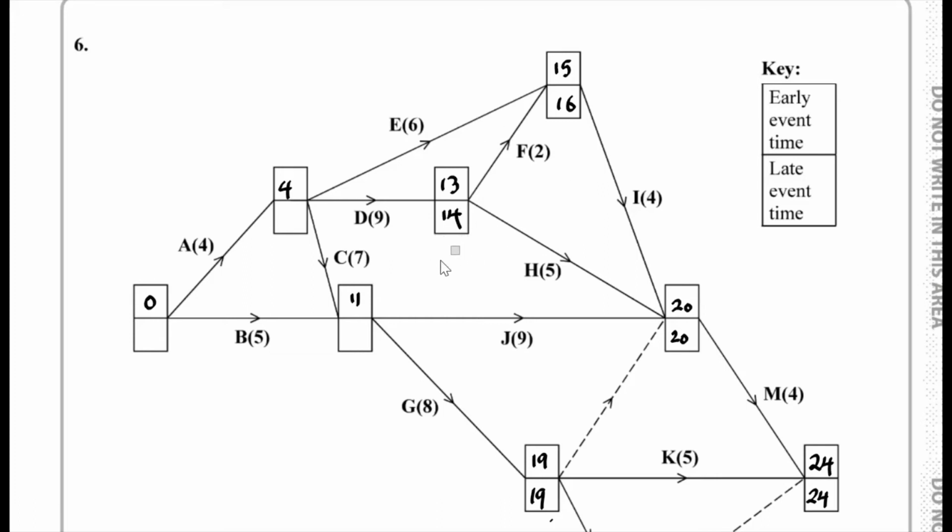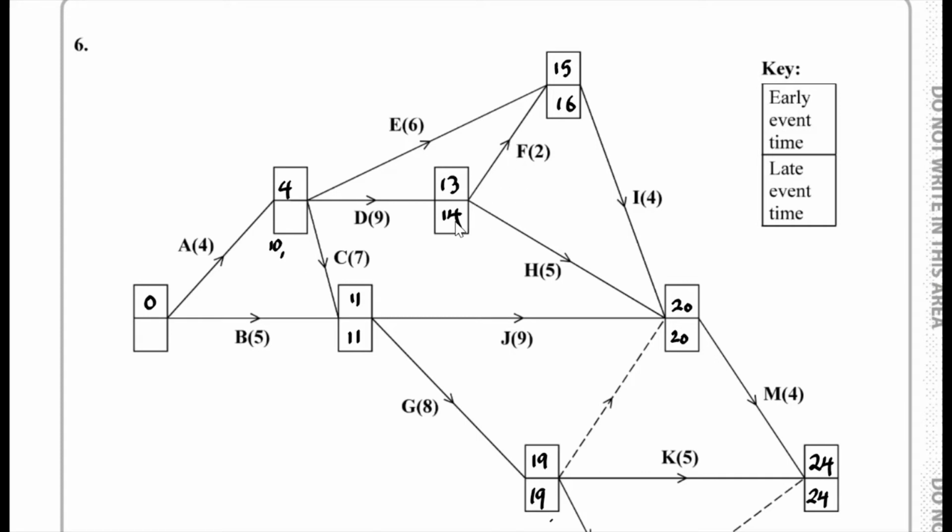Okay, let's see what else we can do. If we consider this over here, we have 19 take away 8, which is 11, or we have 20 take away 9, which is also 11. So 11 goes here. Let's see what else we have. If we consider this element here, we have 16 take away the 6 from E, that brings us up to 10.